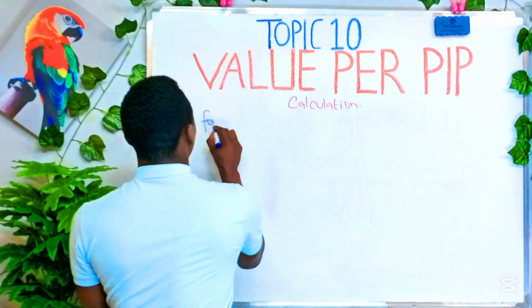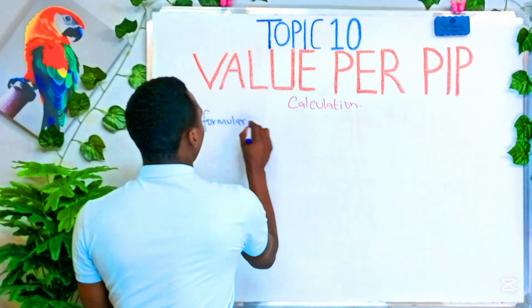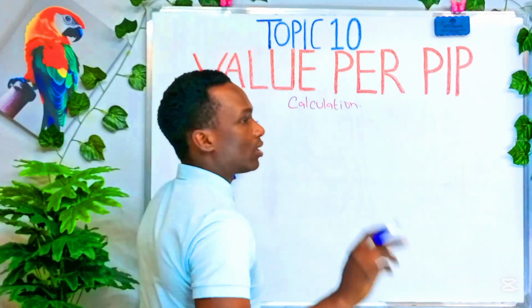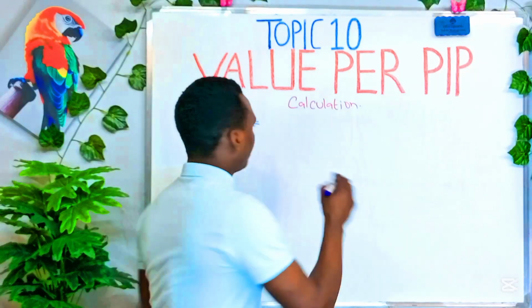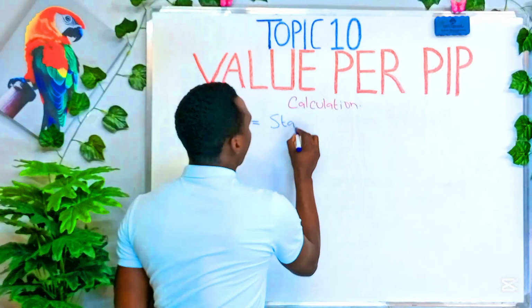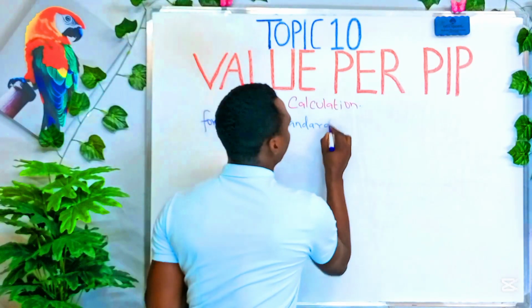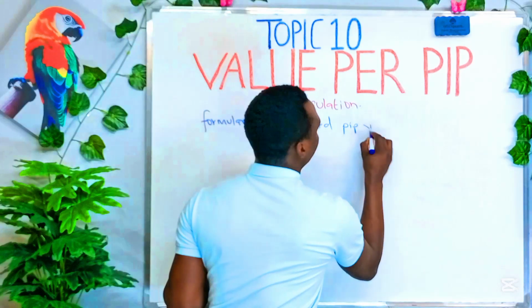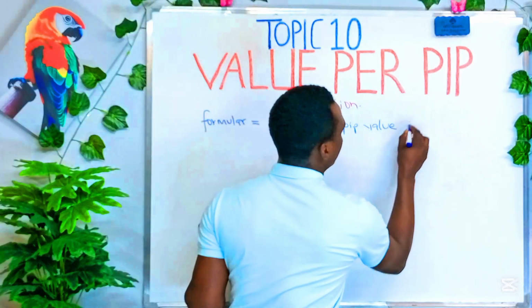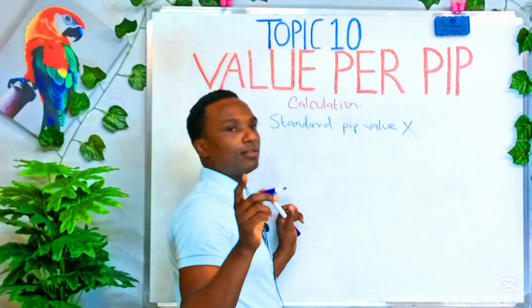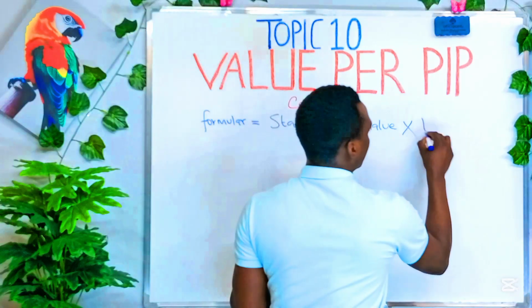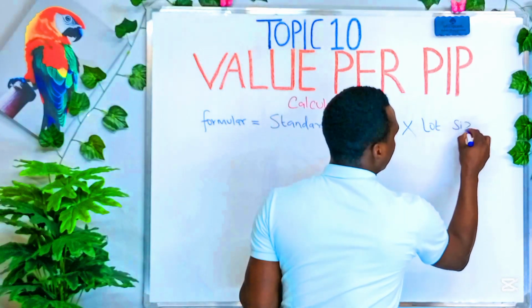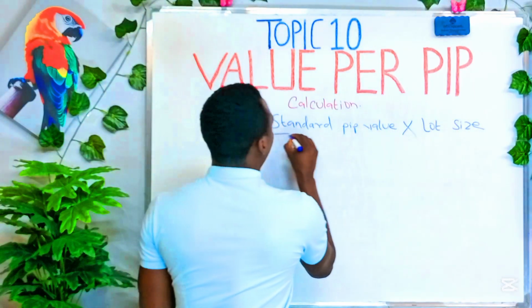The formula for calculating pip value equals standard pip value multiplied by lot size, divided by what?